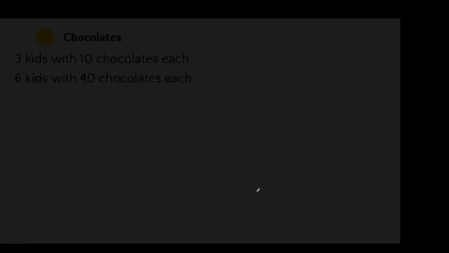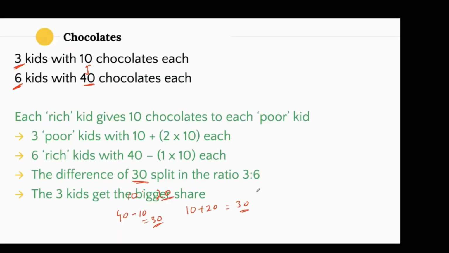Anish, just a question. Don't you think we should change the wording of the first sentence, that each rich kid gives 10 chocolates, to each poor kid? Because when I read it, I thought that 6 of them will give to 3 of them each. Okay, to 1 poor kid.